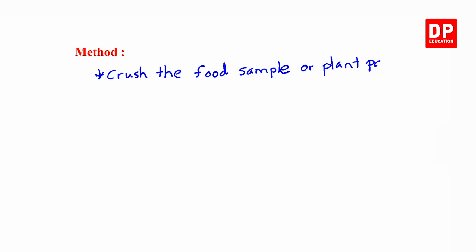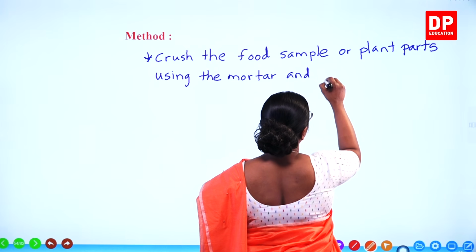So the method is going to be, the first step, crush the food sample or plant part using the mortar and pestle.